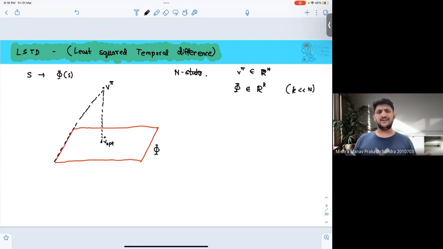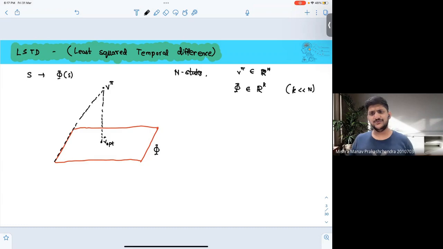Okay, this is the optimal value function that one can achieve if one is operating in the phi space. Okay, and say we start with some arbitrary value function initialization. We start with some arbitrary v naught, then we keep on operating the Bellman operator, and the idea is that if the Bellman operator is operated a sufficiently higher number of times, one would eventually converge to the fixed point, which in this case should ideally be the v opt.